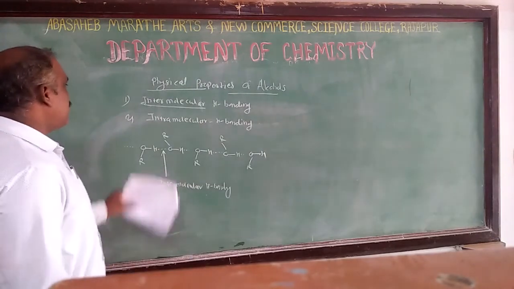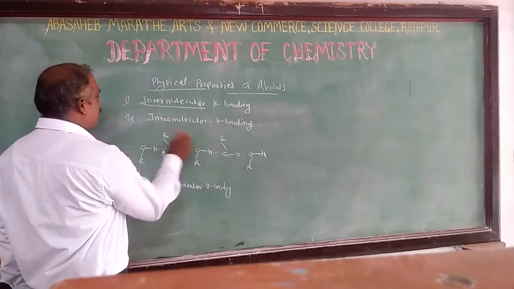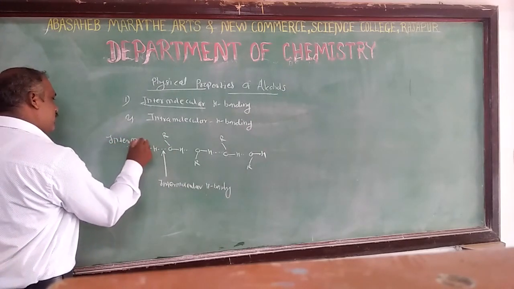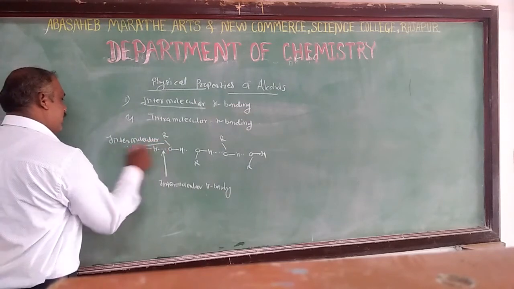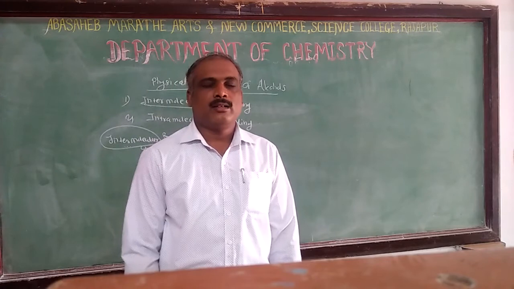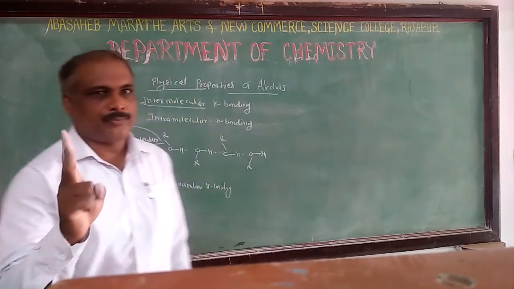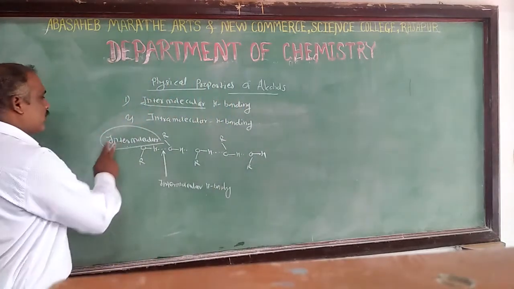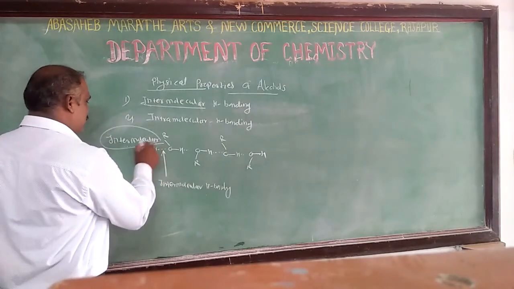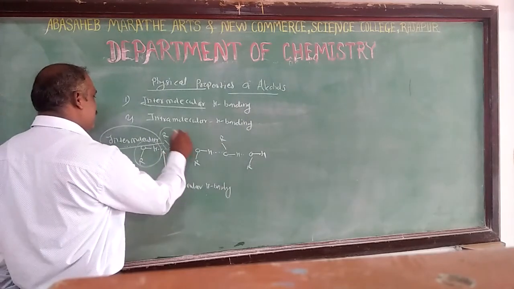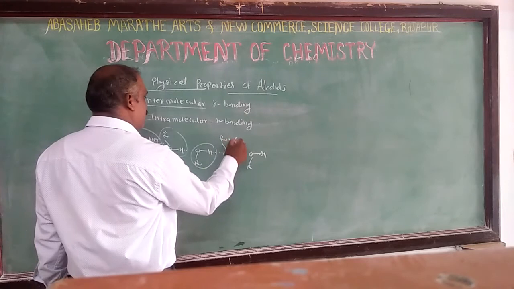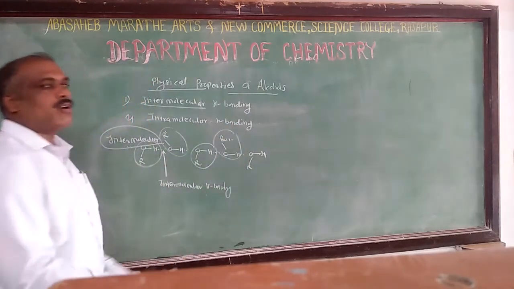orthonitrophenol. Firstly, what do we mean by intermolecular hydrogen bonding? Intermolecular hydrogen bonding means the bonding present between two different molecules. This is one molecule, this is a second molecule, a third molecule, a fourth molecule, and so on.